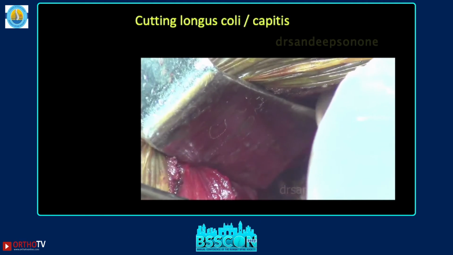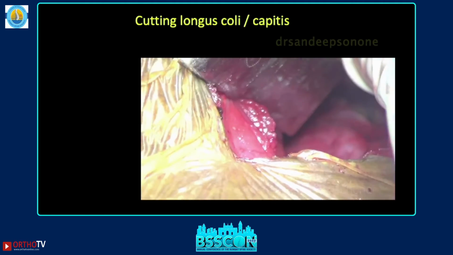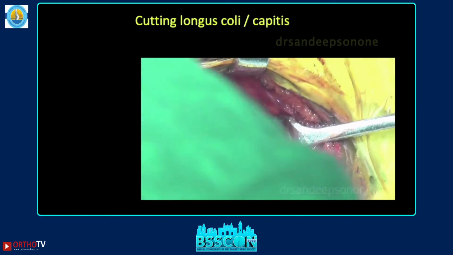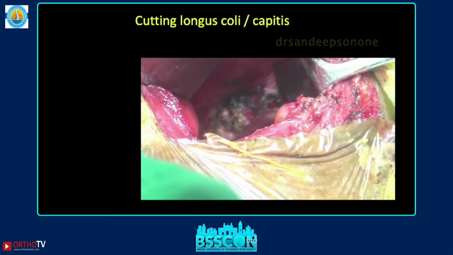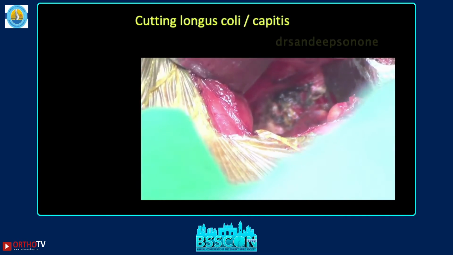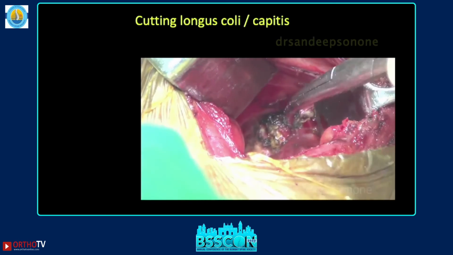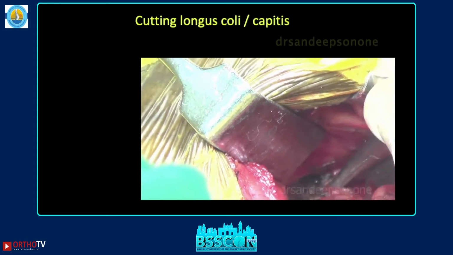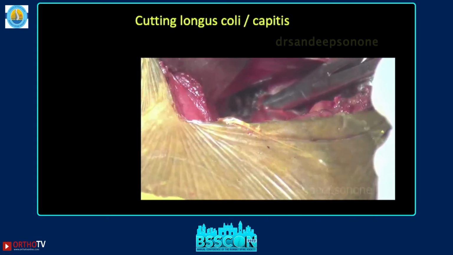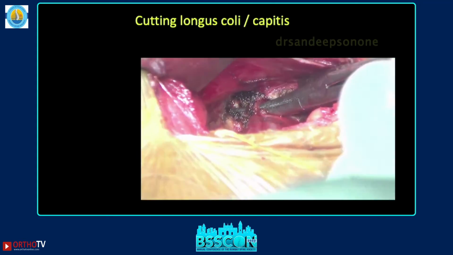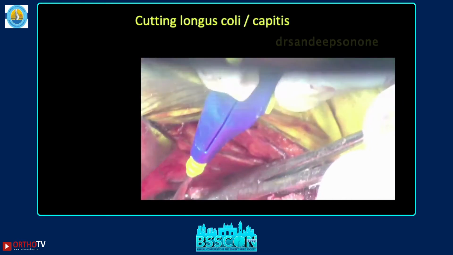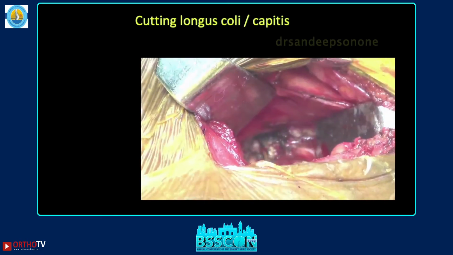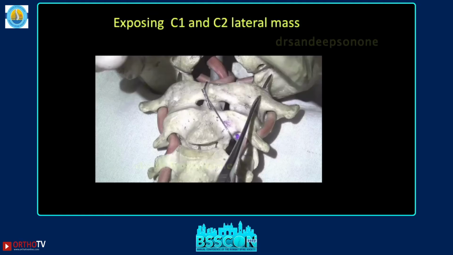So I usually go in laterally, use a curved forceps or a curved hemostat, hook the longus colli from the lateral to the medial aspect, and then cut the longus colli muscles. So at all times, you're protecting the lateral margin of the longus colli, just lateral to which is the vertebral artery. So it is always a piecemeal cutting of the longus colli, making sure that your vertebral artery is protected all the time.